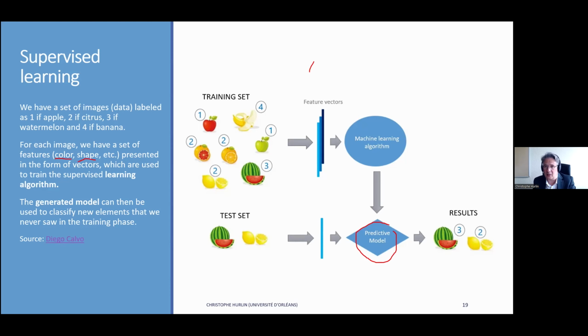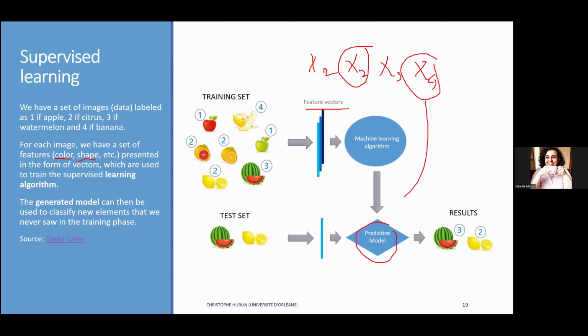For instance, if we have 4 features, x1, x2, x3, x4, in my data set, the algorithm will select, for instance, x2 and x4 in the model, and not x1 and x3. So there is a kind of automatic selection procedure.